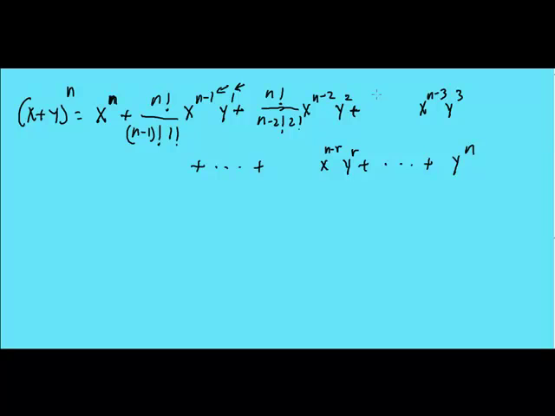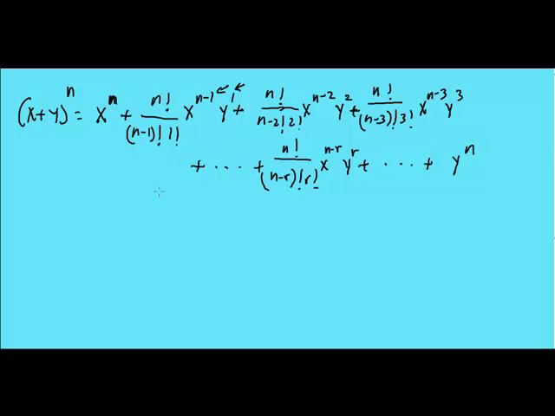Then this will be n factorial on the top, and the bottom will be n minus 3 factorial times 3 factorial. And finally my random term is going to have n factorial over n minus r factorial times r factorial. And that's it. That is the binomial theorem.